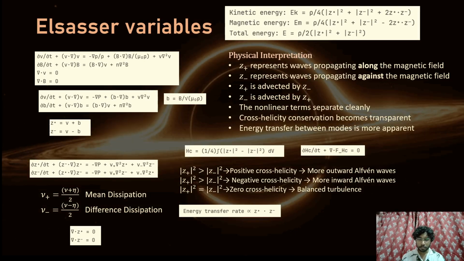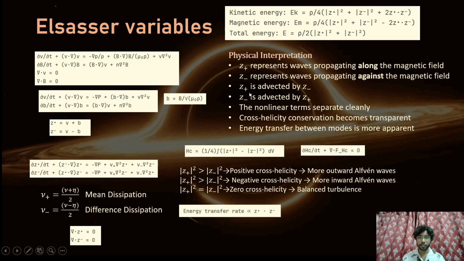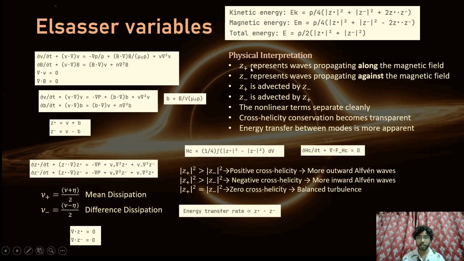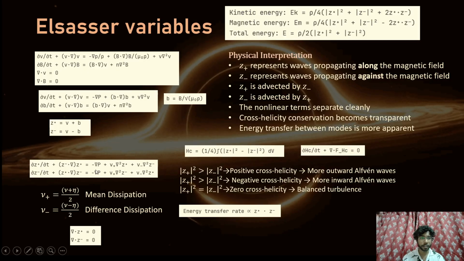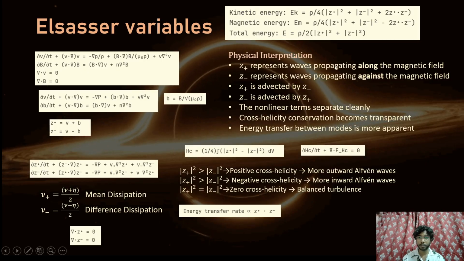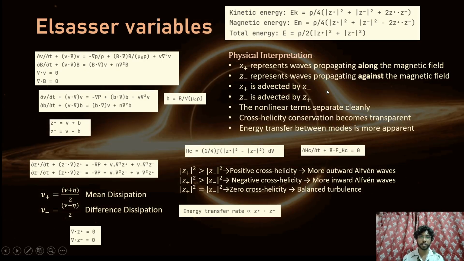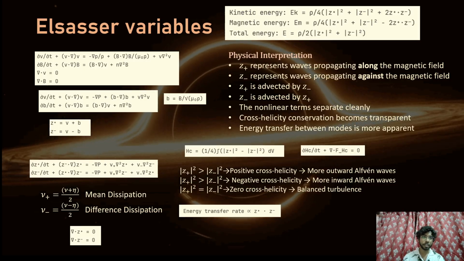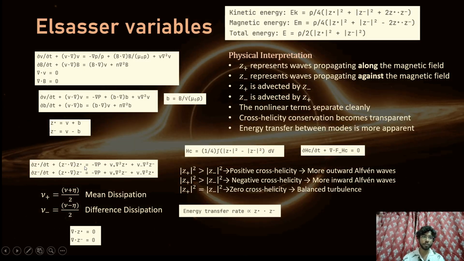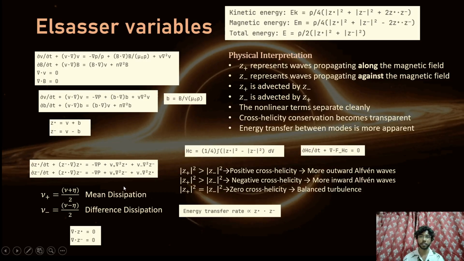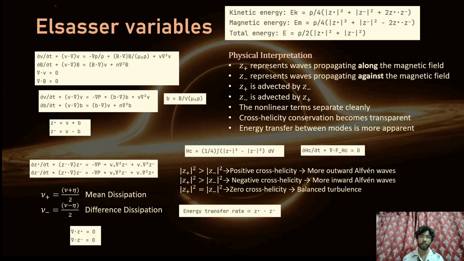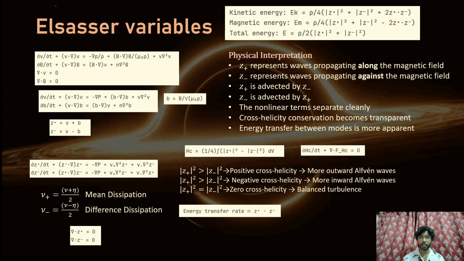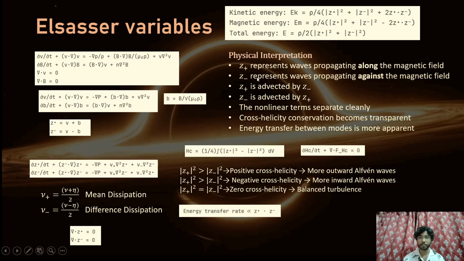The physical significance of why we're doing this is, firstly, z plus, as you see over here, represents waves propagating along the magnetic field. We have decomposed these two equations into two equations, which consist of waves moving along the magnetic field and waves moving against the magnetic field, which is z minus.